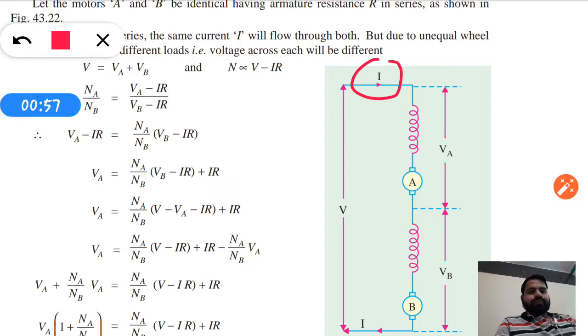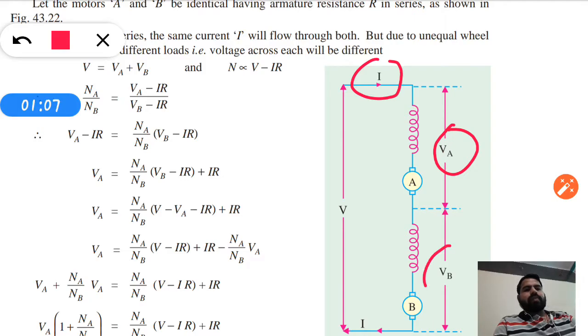So the voltage across the motor A is VA and the voltage across the motor B is VB. V is the total voltage.